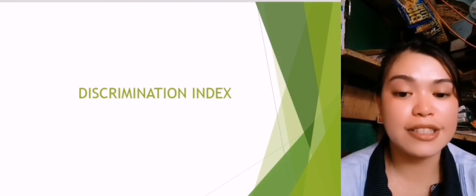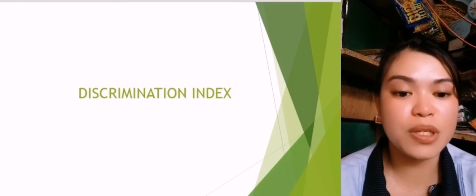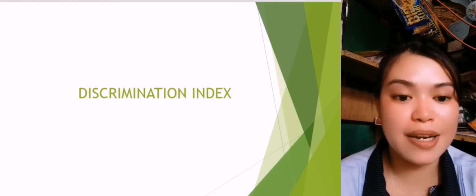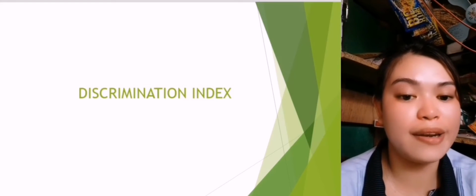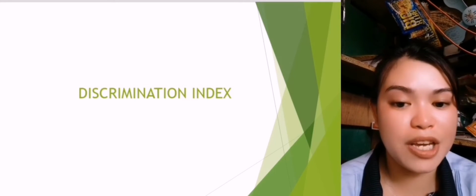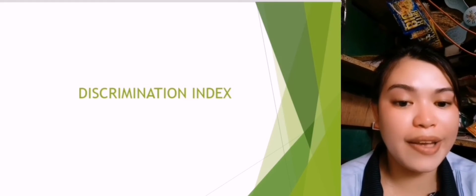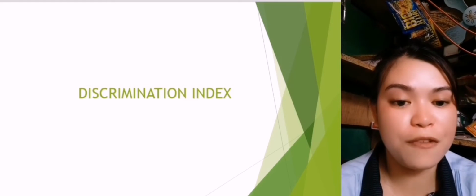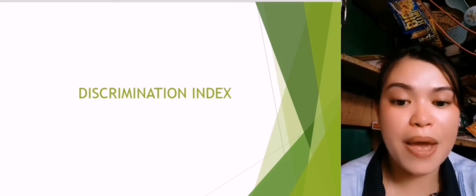Discrimination index. As earlier mentioned, the power of an item to discriminate between informed and uninformed groups, or between more knowledgeable and less knowledgeable learners, is shown using the item discrimination index. This is an example of item statistics that can reveal useful information for improving an item.